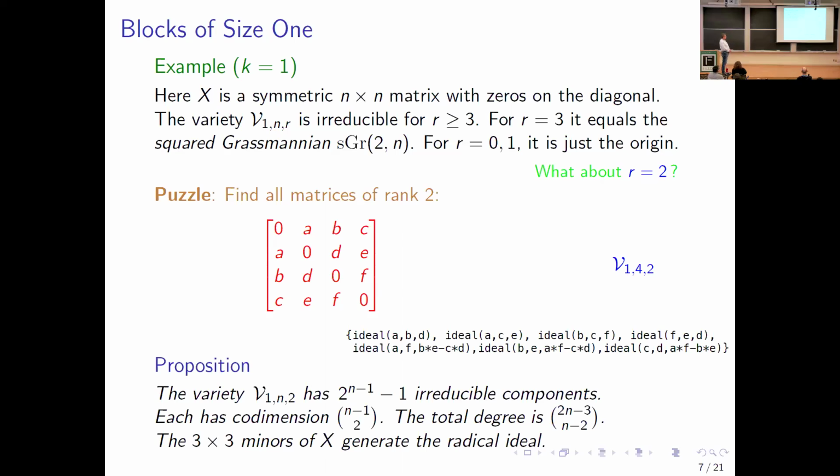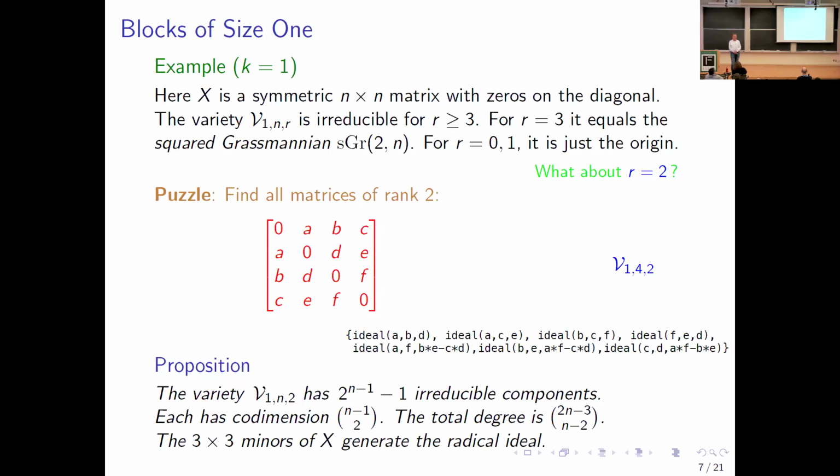Well, you put this into Macaulay 2, and it's a radical ideal, and it's the intersection of these 7 primes. So there are 4 monomial primes of codimension 3, and then there are 3 other primes, a little bit of a toric equation. So in general, for 1 by 1 blocks, in the interesting case, the variety for 1 and 4 has 2 to the n minus 1, minus 1 irreducible components, that's 7.